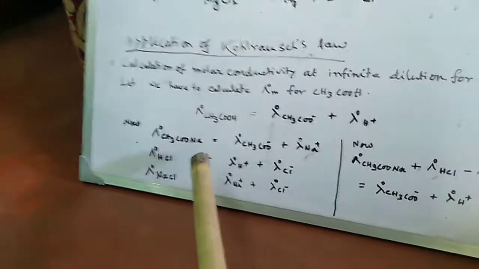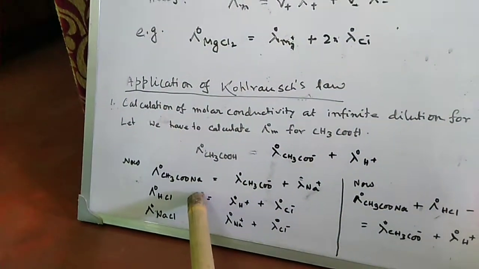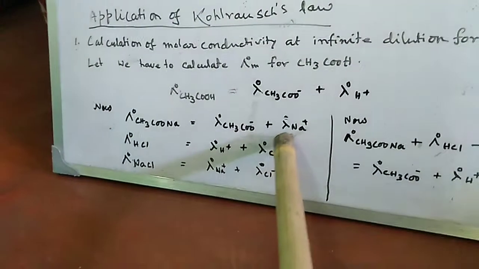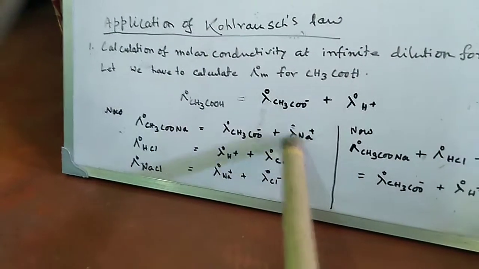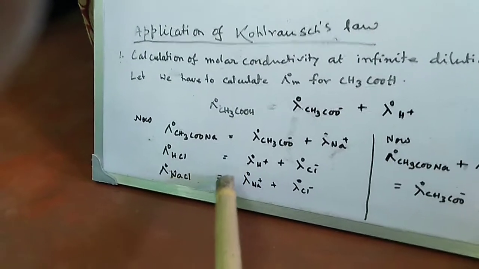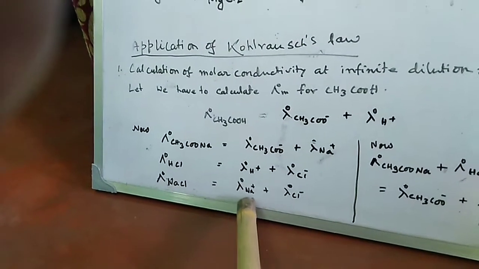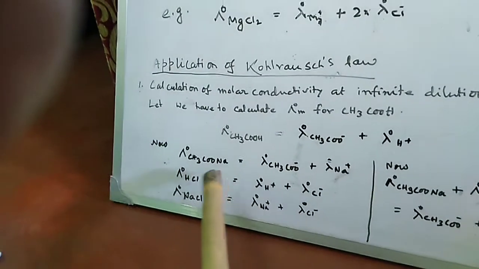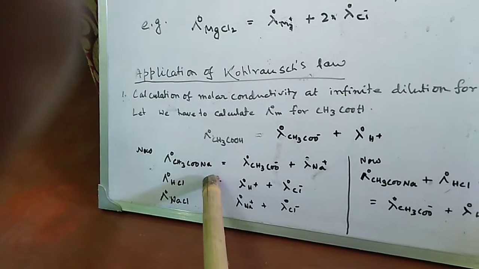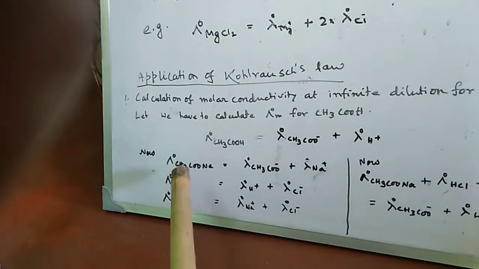Now we take three strong electrolytes: sodium acetate, which splits this way giving these ion conductances, HCl giving these ion conductances, and NaCl giving these ion conductances. We can find the values of these strong electrolytes at infinite dilution from the graph.